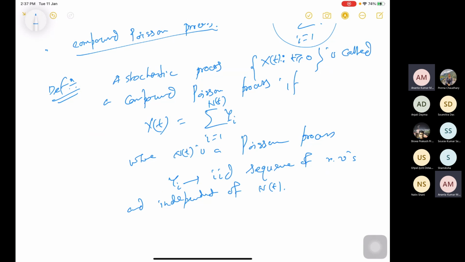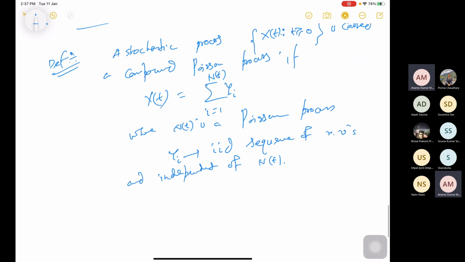As I said, the ith buses are independent, so each follows some distribution. Then, if you want to know the total number of passengers carried at time t, it should be the summation over i equal to 1 to N_t of Y_i.